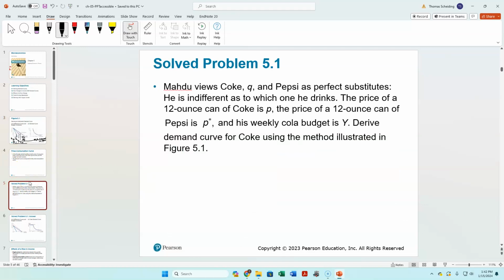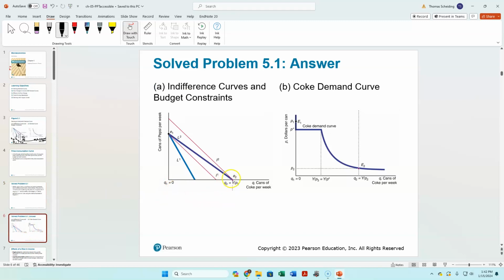And what you could then do is look at how things change a little bit more when you're looking at perfect substitute goods. If you have Coke and Pepsi that are perfect substitutes, and I give you a price of the two goods as well as a budget, what you would find is that the optimal point becomes a corner solution here or here.